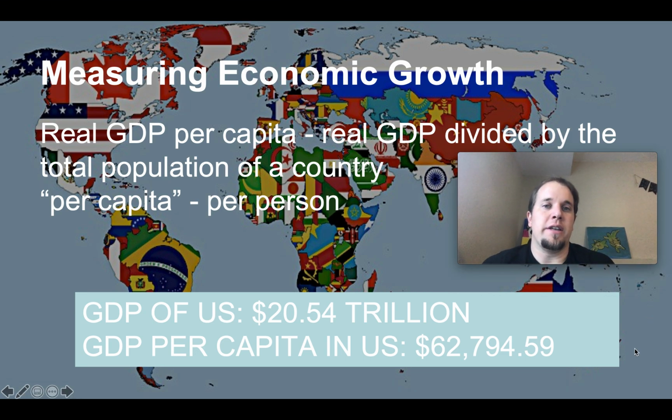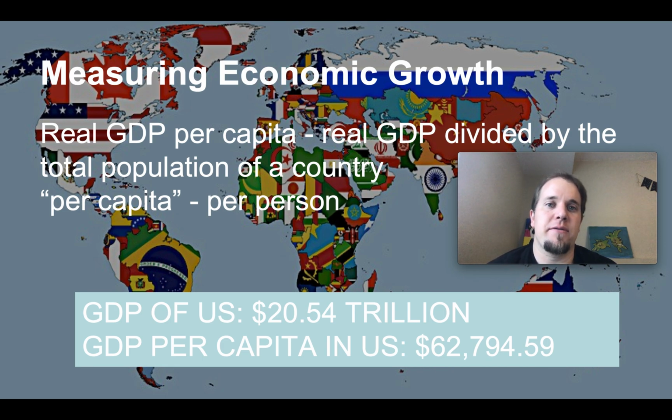What that's referring to is if we were to take the total amount of citizens within a country and the total amount of GDP in that country and divide it, you would find out what the value of one citizen would be in that country. So for instance, in the US, in this statistic, the GDP is $20.54 trillion.